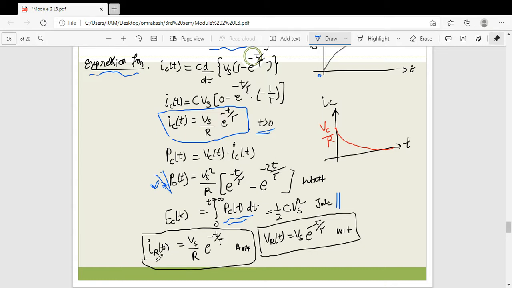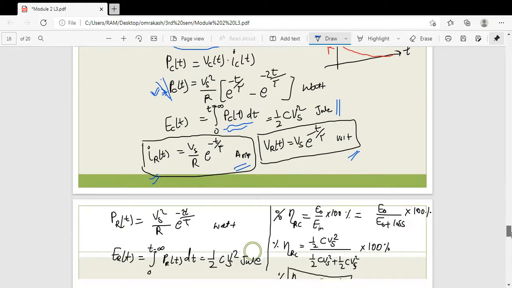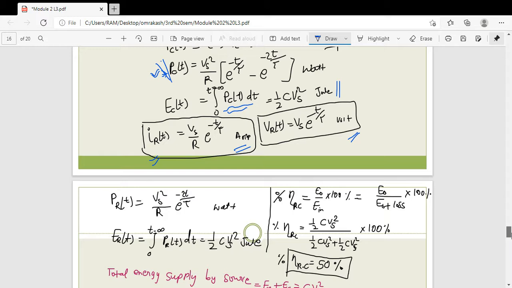Now for the resistance, what is the equation? You will get Vs by R e to the power of minus t by tau, and the voltage across this resistance is Vs e to the power of minus t by tau. Tau is the same time constant for the RC circuit, R equivalent into C equivalent.